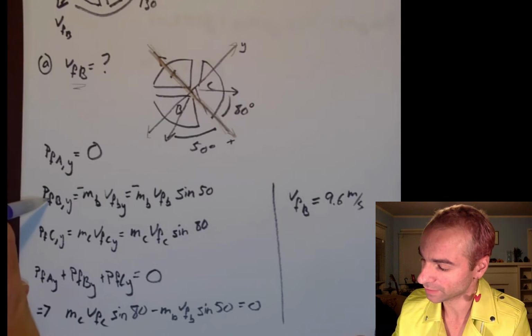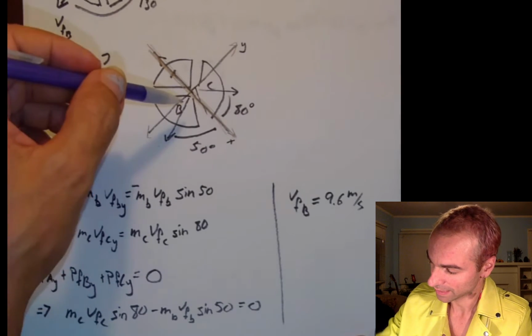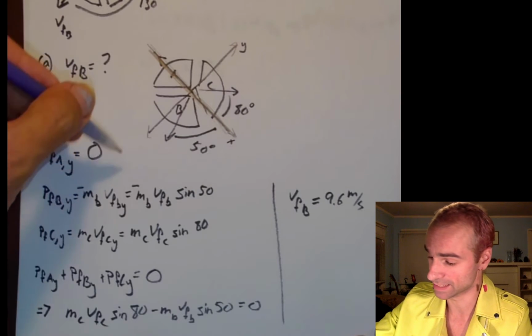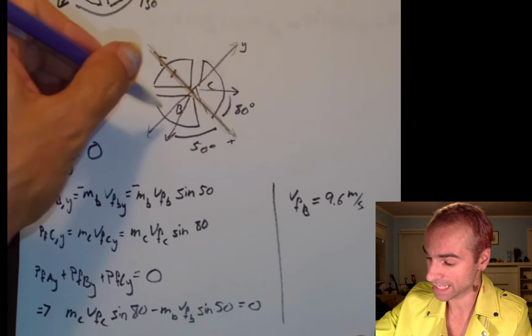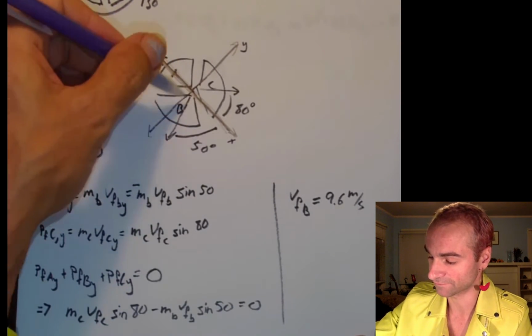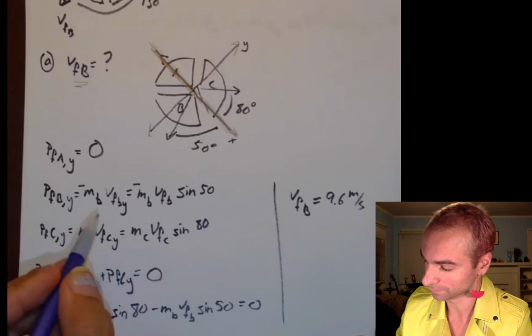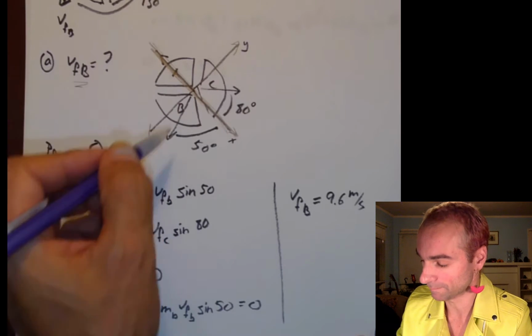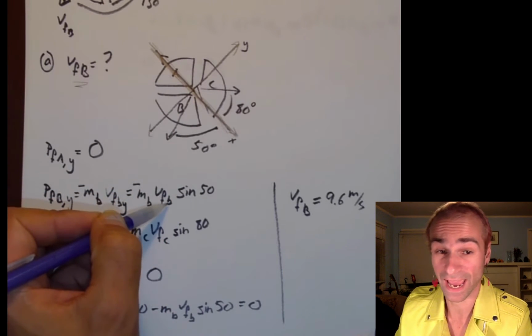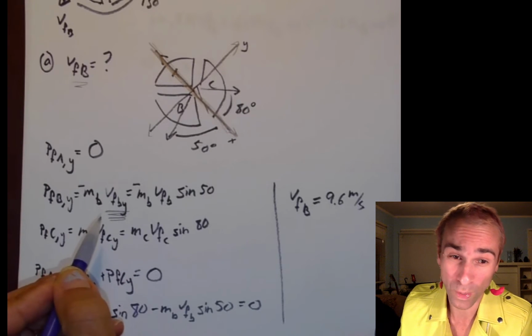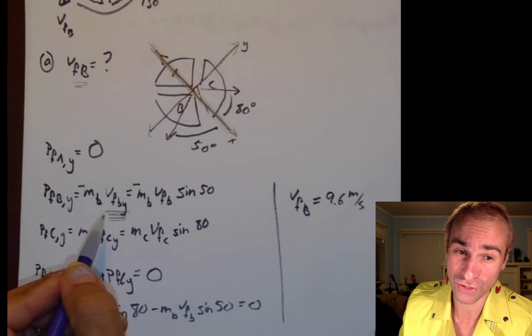The momentum final for the B piece in the y direction is going to be, well, first of all, it's down, so it has to be minus because it's going to be a negative velocity, times the mass of the B piece, times the final velocity of the B piece as well. So that's equal to the mass times V final B. And as we always say, when you've got a component in the y direction, which trigonometric function do we use?